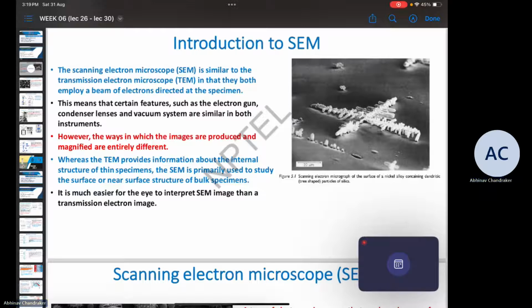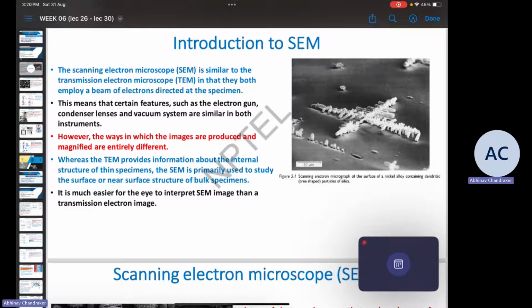I think we had discussed that SEM is more suitable for getting information related to the surface topography as well as some composition related information, and TEM gives you more information about the internal structure of the material, and that too at very low atomic length scales.